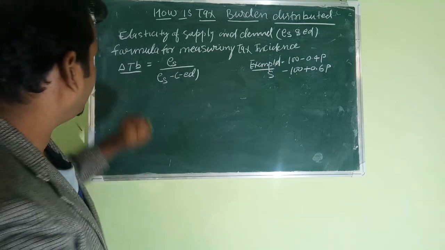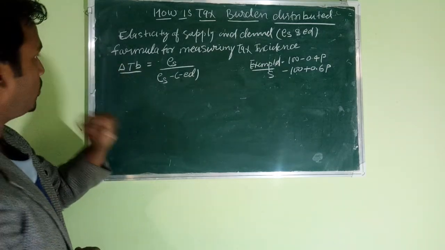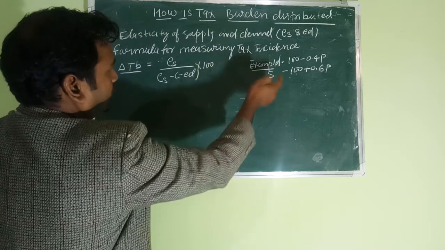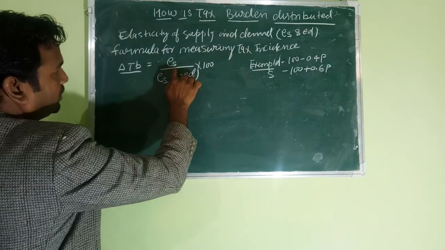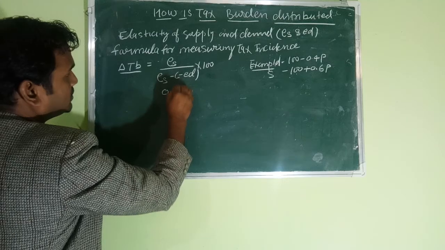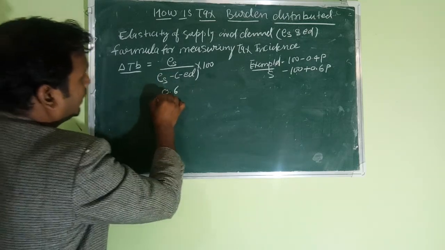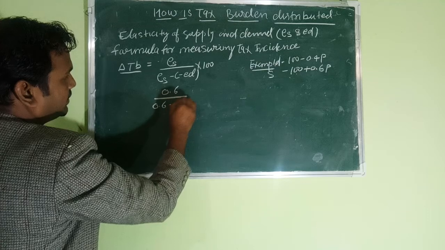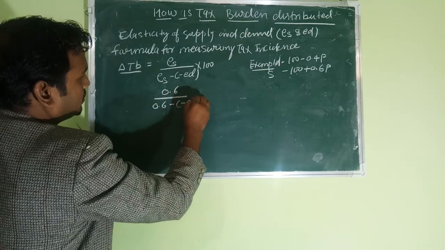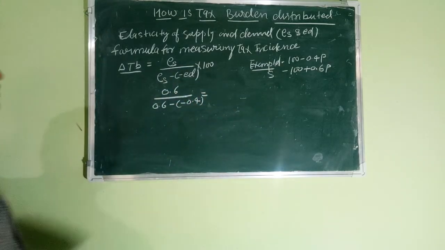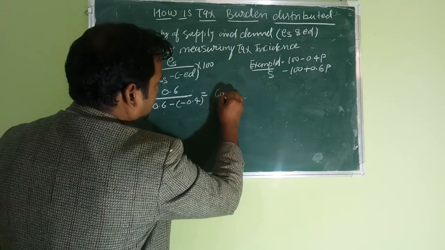It is a simple formula, so please note it down. Now you can find: if the elasticity of supply is 0.6, then 0.6 minus 0.4, it means overall it is 60%.